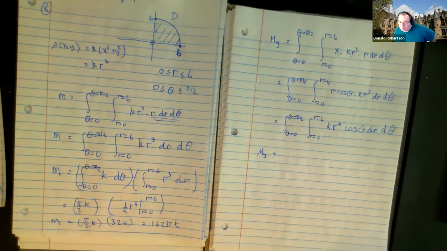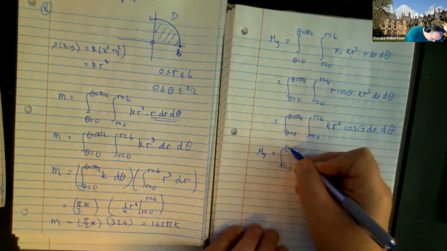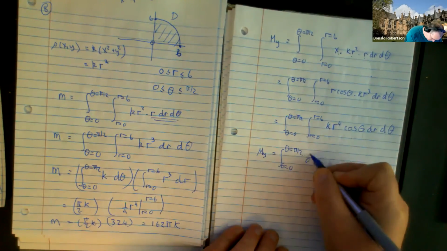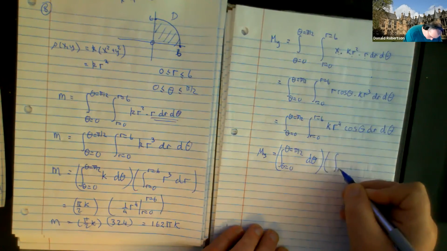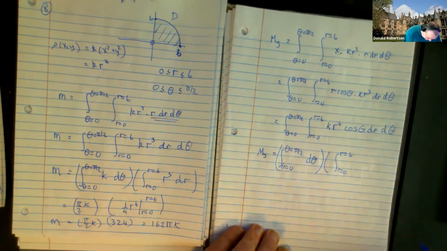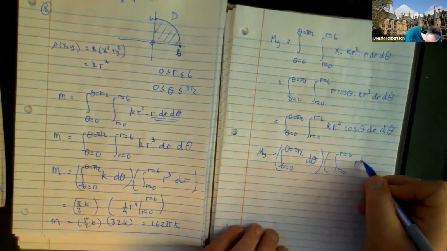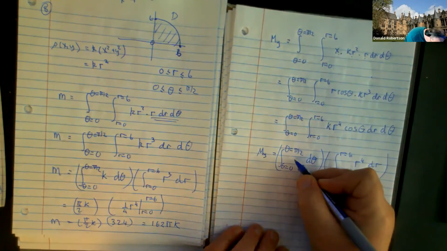Is this one separable? Can I do that as two single integrals? So let's do it then. This is cosmetic. This guy definitely has r to the 4 in it, and this guy definitely has cosine of theta in it.